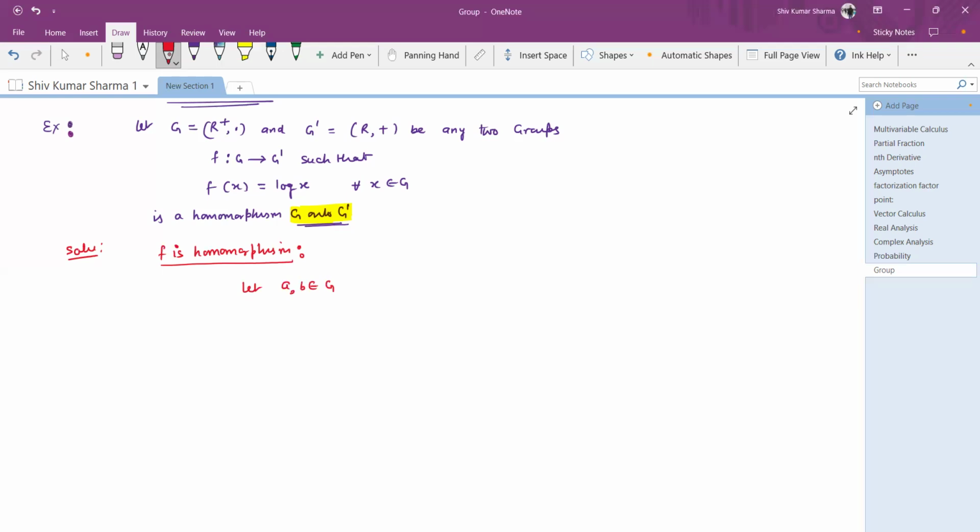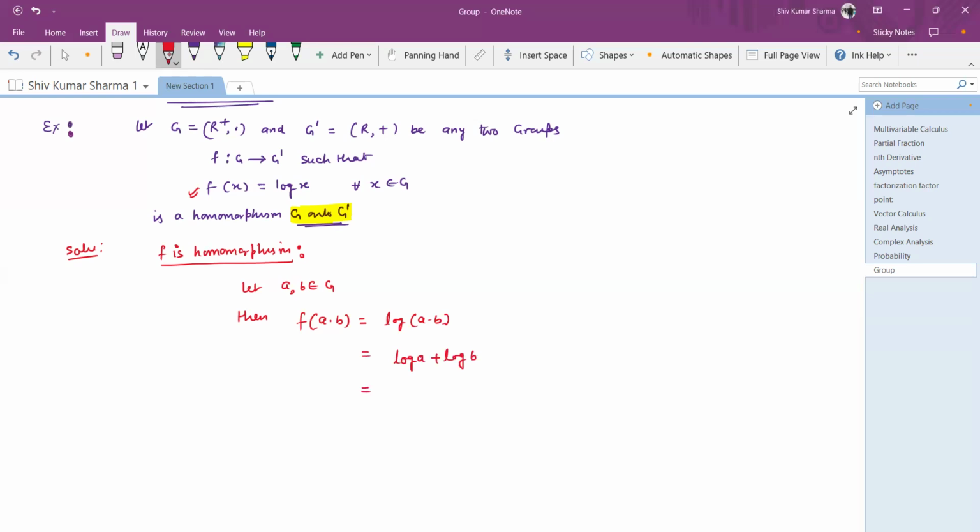The operation on G is multiplication. Then f of A into B is equal to the function defined as f of x equal to log x. So x is replaced by A into B, and this can be written as log of A into B. By the log property, log of m into n can be written as log m plus log n, so log of a into b is log a plus log b.